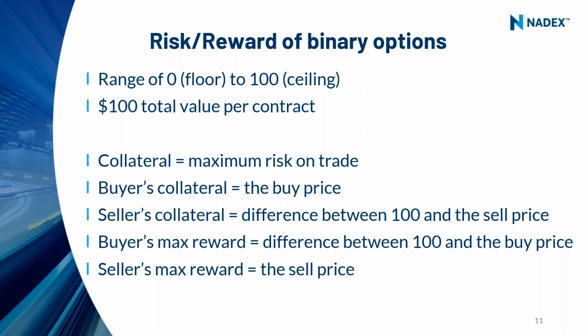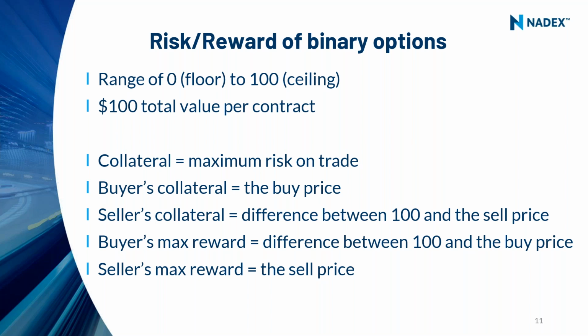Now, what am I actually risking? If I sell one at 30, it could potentially go to 100. So my collateral would be $70. I would have to put up $70. I can't lose any more than the $70, but I can only make $30.